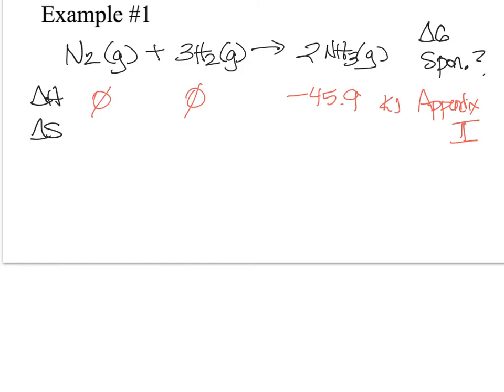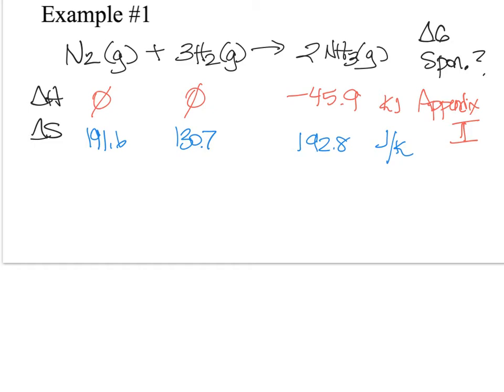Delta S, nitrogen is 191.6, hydrogen is 130.7, and ammonia is 192.8. It's very important here to note, though, that this is joules per Kelvin because we have to multiply through by temperature.